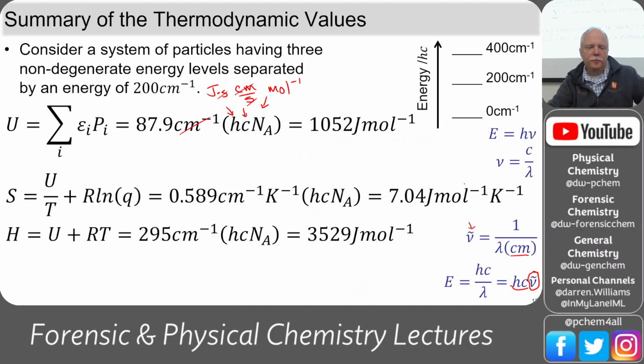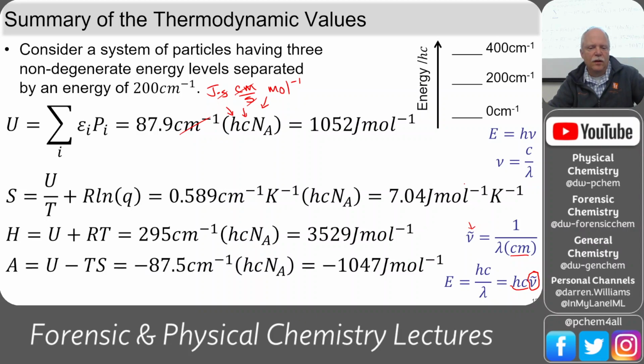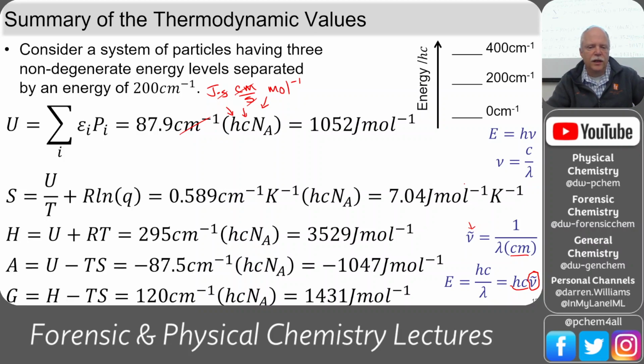Here's the enthalpy. So 295 wave numbers converted over is 3,529 joules per mole. And then the Helmholtz energy, minus 1,047 joules per mole. And then the Gibbs energy, 1,431.